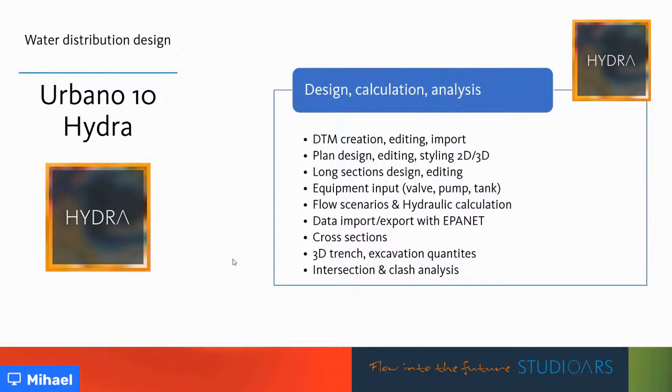So very important, the connection to advanced hydraulic modeling software is built into the standard version. And also there's trenches, cross sections, there's the clash analysis. So all of these tools are in the standard version.